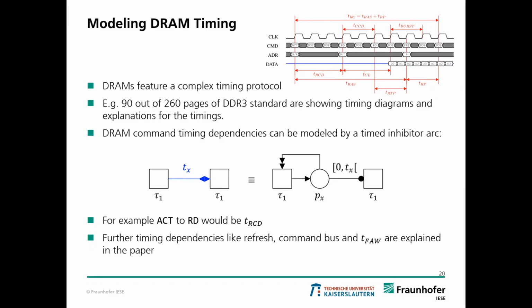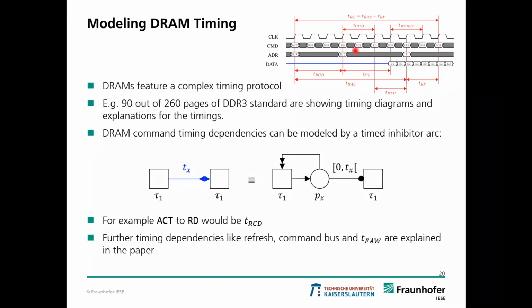And what we have introduced is a special timing arc, which just consists of a place, a timed inhibitor, and a reset arc. And with this custom arc, we can describe these kinds of timing dependencies.